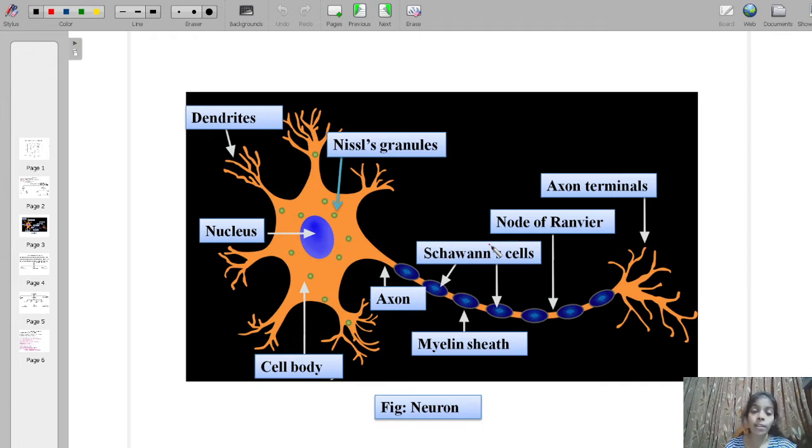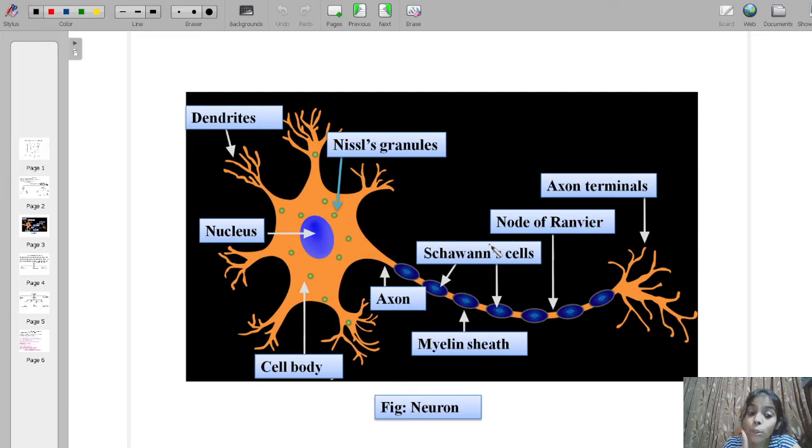Let me tell you one thing. Tumor is a result of uncontrolled cell division. No control over cell division. Cell will keep on dividing. So a time will come when there will be a huge number of a certain type of cell. Then that will lead to tumor.